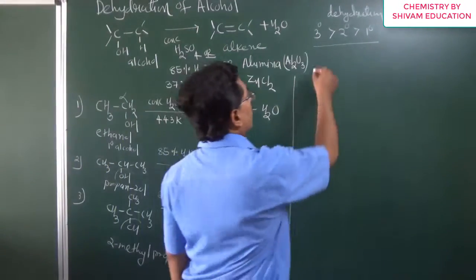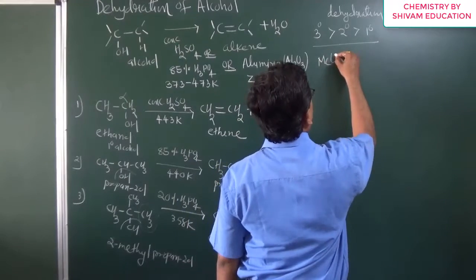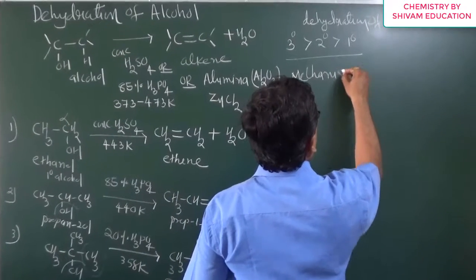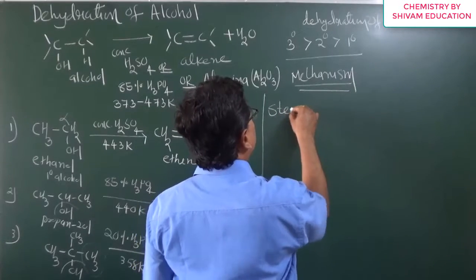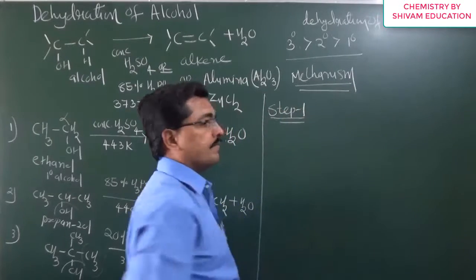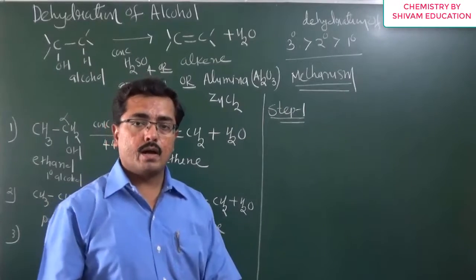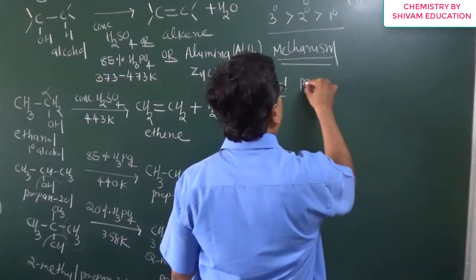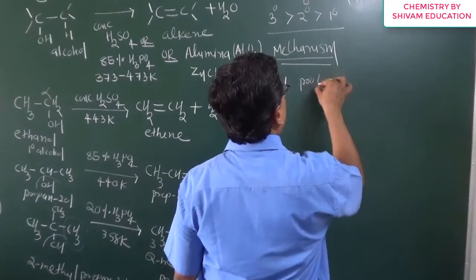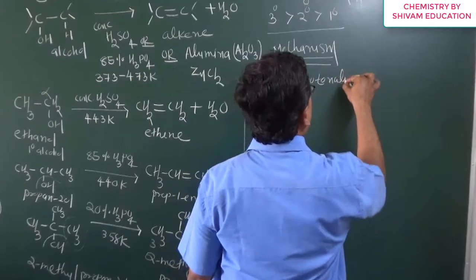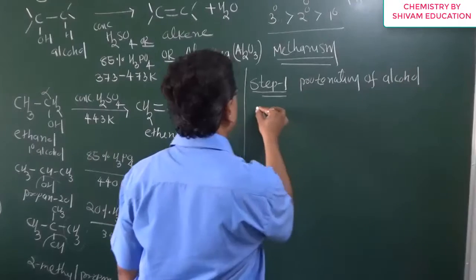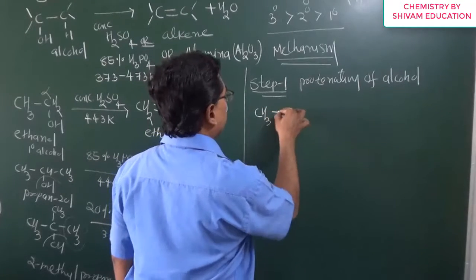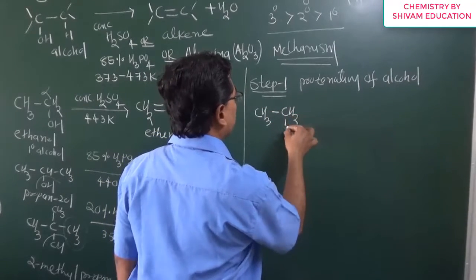In order to understand, we have to study the mechanism of dehydration reactions. Now step 1 of this mechanism is protonation of alcohol. Here we have this alcohol.